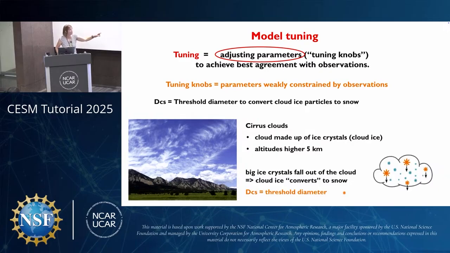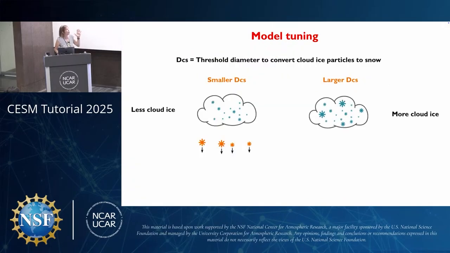And with this threshold diameter, we are going to say all the crystals that are bigger than some diameter are going to fall out. For example, it can be 500 micron. Then what is it going to do to the climate? Here I'm going to show you an example: on the left side, a cloud with smaller DCS, which means there is less cloud ice because all the big crystals fell out.